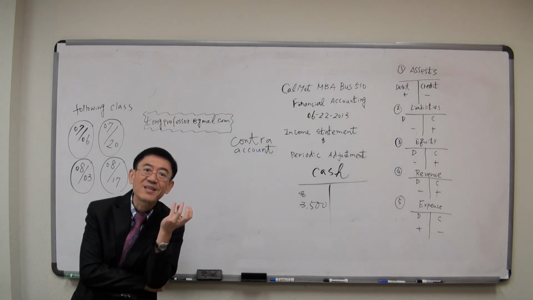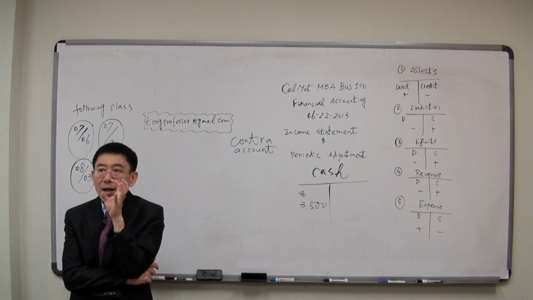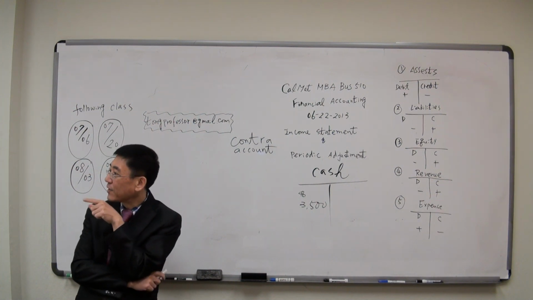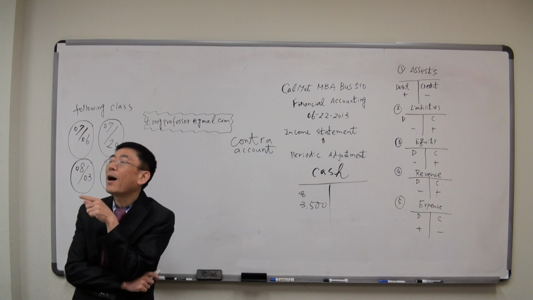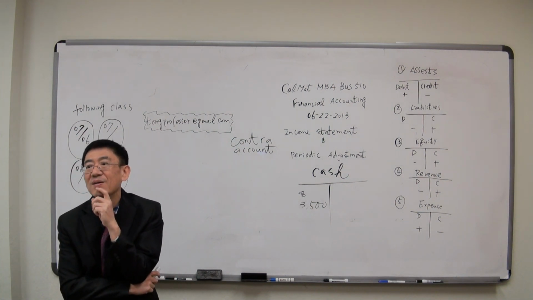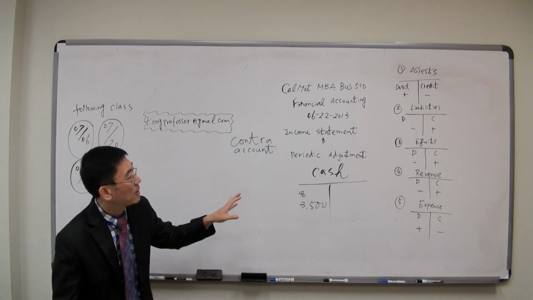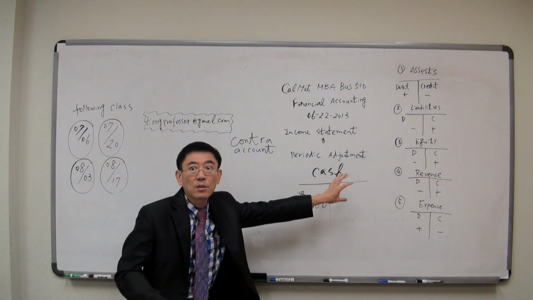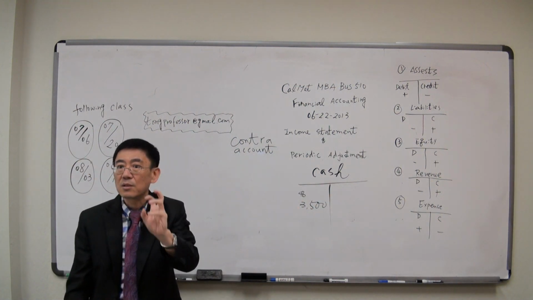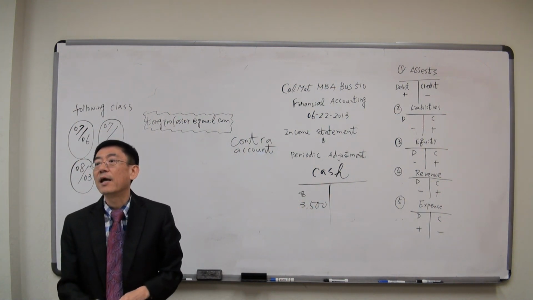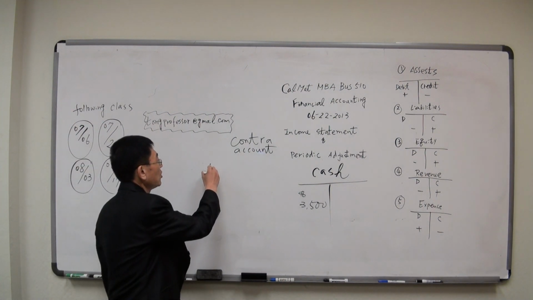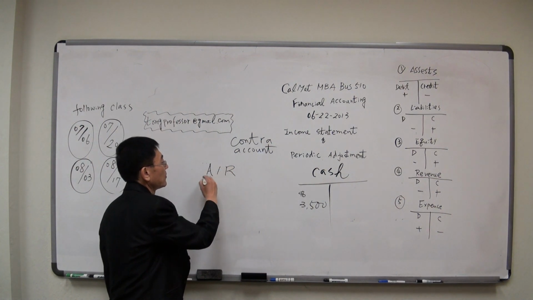When your company receives this 800, one account reduces. What's the name of the account? Accounts receivable. Remember, you must pick something on the right side, and an asset reduction is on the right side. That's called accounts receivable, because it reduces your company's accounts receivable.